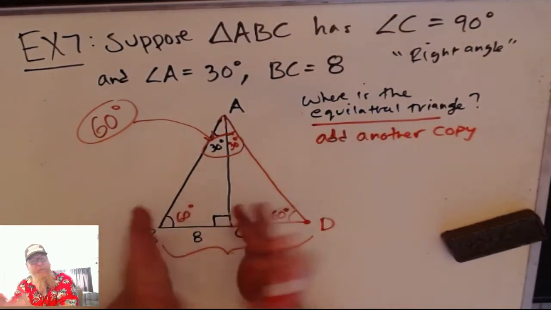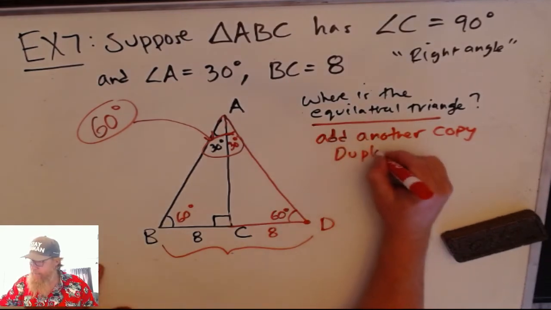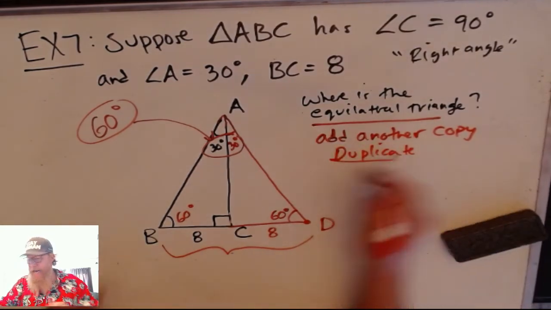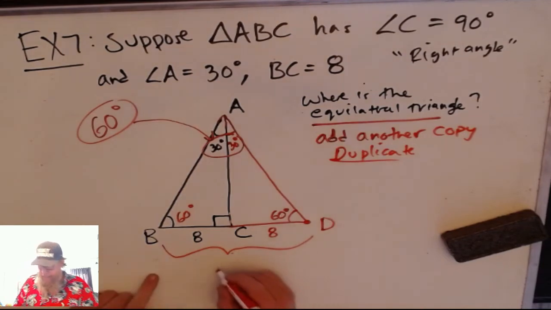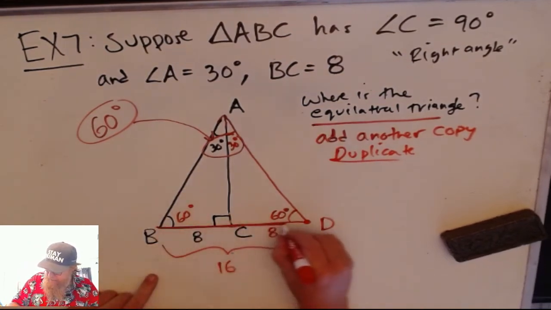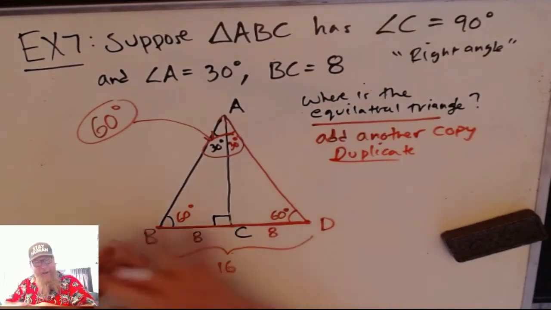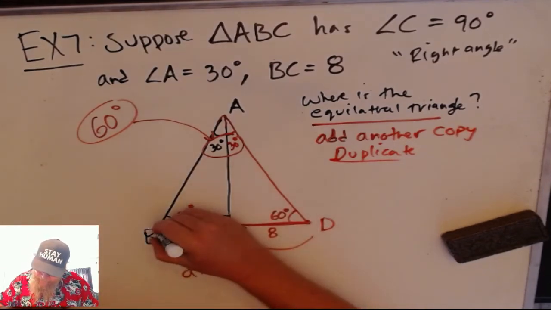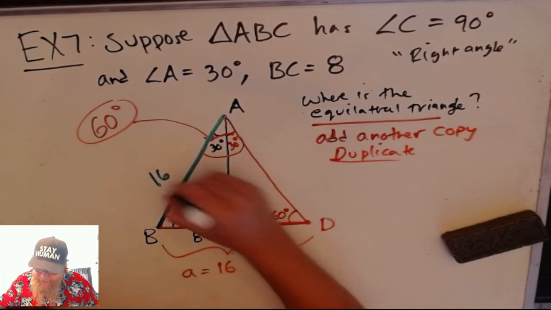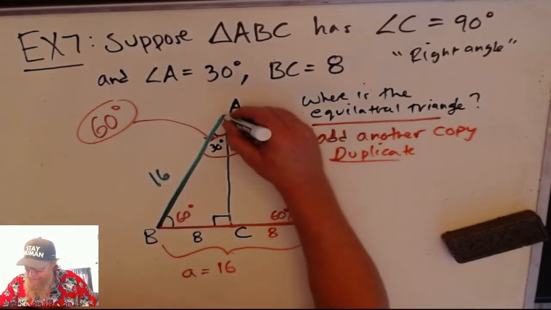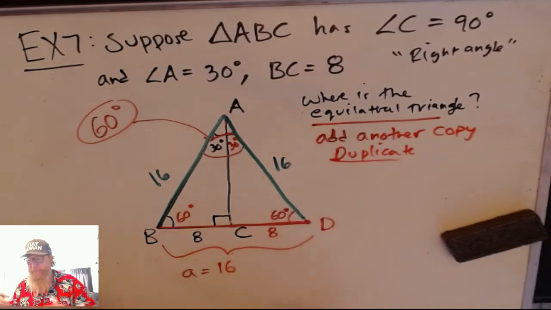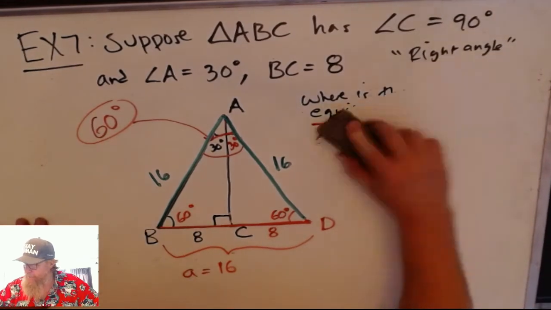So you're basically reflecting or duplicating, and we're duplicating this thing on the other side. So the total of this side here must be 16. So that's your A. Remember, A could be any real number. In this case, it's 16. Well, if that side is 16, then this side is also 16, and then this side is also 16. So there is the equilateral triangle.